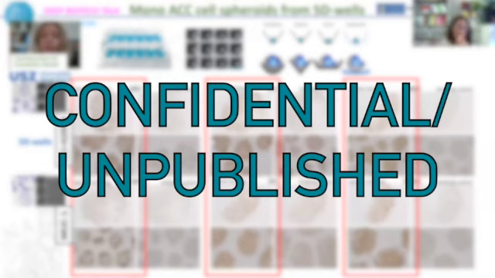So this system is a sort of high-throughput system for generating spheroids in vitro. You can see here that she studied the proliferation by Ki67 staining, and also the expression of a steroidogenic enzyme, in order to assess the functionality of these spheroids.